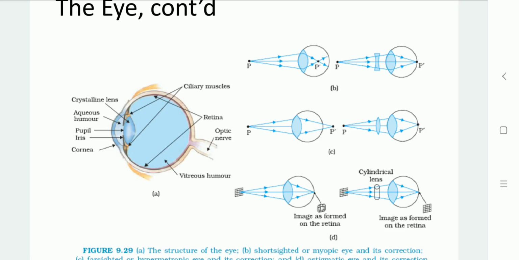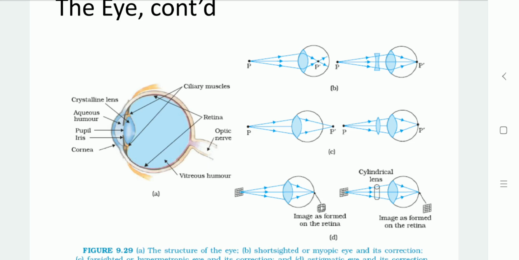This means the eye is producing too much convergence of the incident beam. To compensate for this, a concave lens is required between the eye and the object.